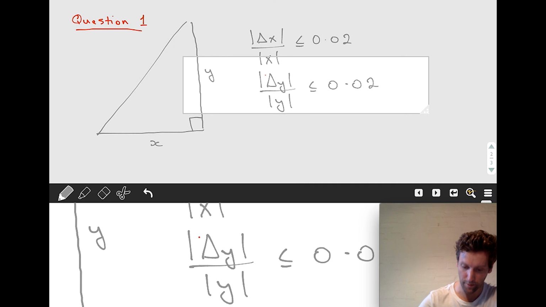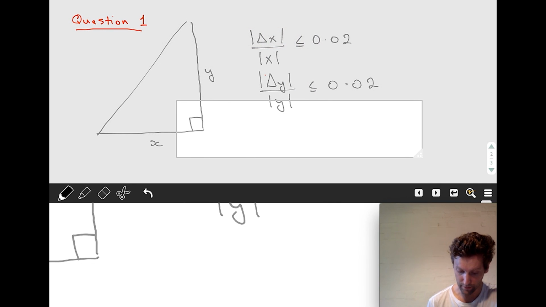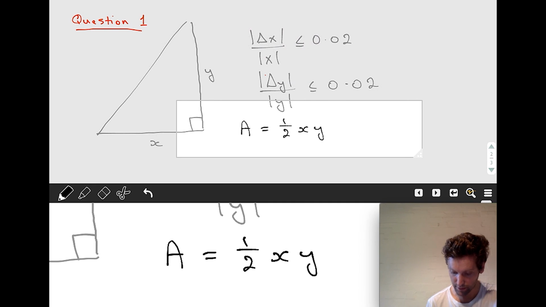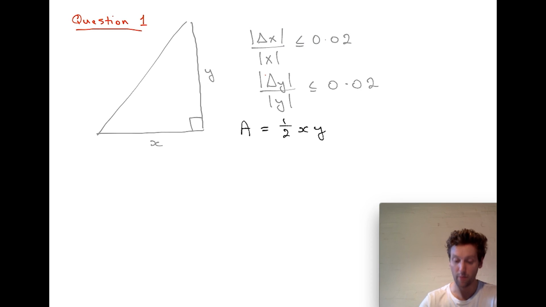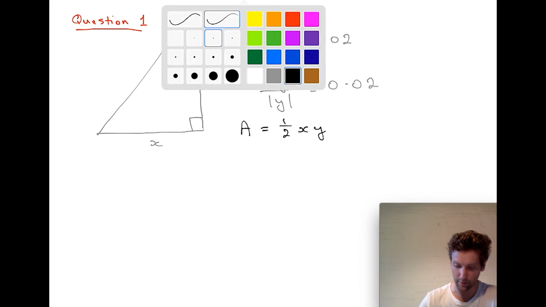We also know that the area of this triangle is a half the base times the perpendicular height. So the question is, what's the maximum possible percentage error in our area A? So this is the maximum possible error, so we need to use the inequality which we saw in class.